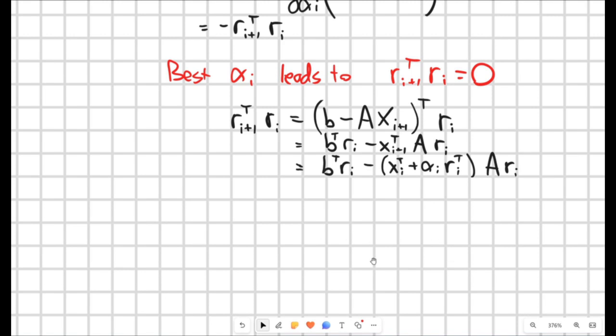So if we set it all equal to 0 and rearrange, what you end up with is that, let's say on the left-hand side, we have an alpha i, so it's these terms. So we've got an Ri transposed A times Ri, and that'll be equal to whatever's left here. So we've got B transposed Ri minus xi transposed A Ri.